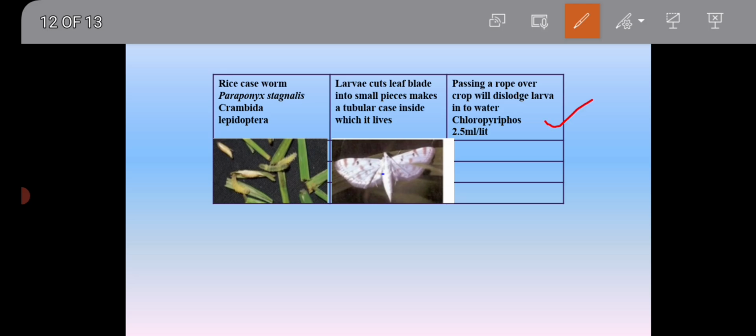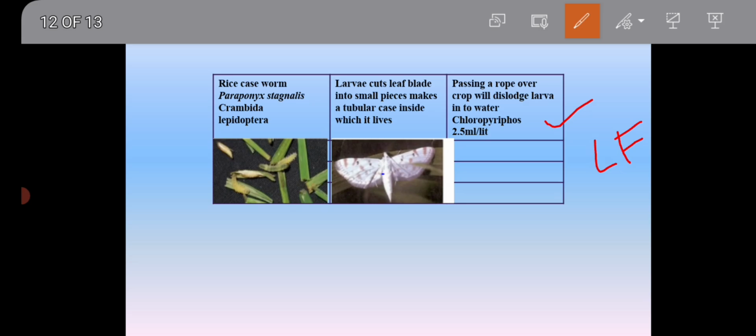We are also using this management practice for another major pest of rice. What is it? We need to recall, that is leaf folder. In case of leaf folder also, the management practice is passing the rope. Why? So that the folds of the leaf will be opened by passing a rope and the larva will fall into water.